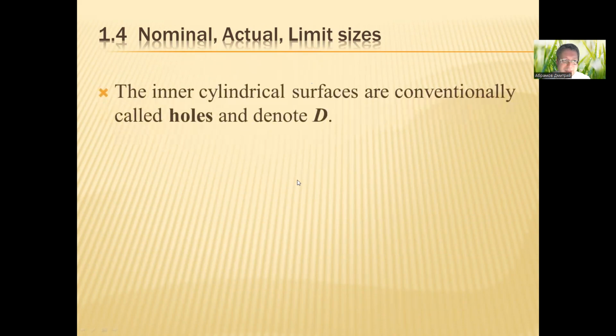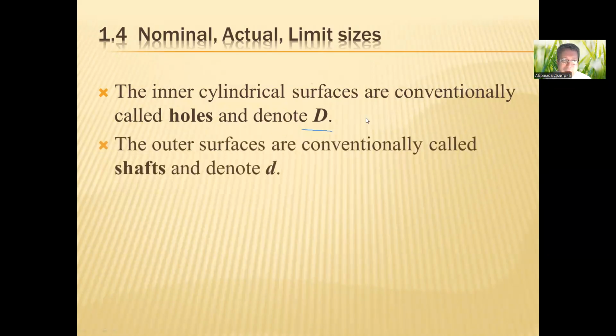And now we start item 1.4, nominal, actual, and limit sizes. The inner cylindrical surfaces are conventionally called holes and denoted big D. The outer surfaces are conventionally called shafts and denoted small d.